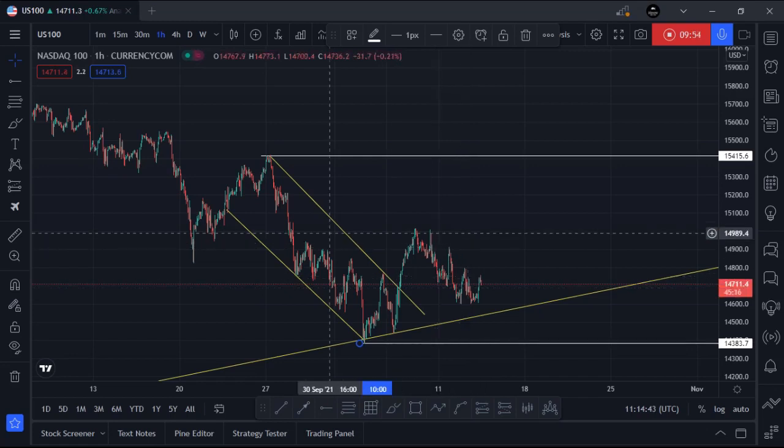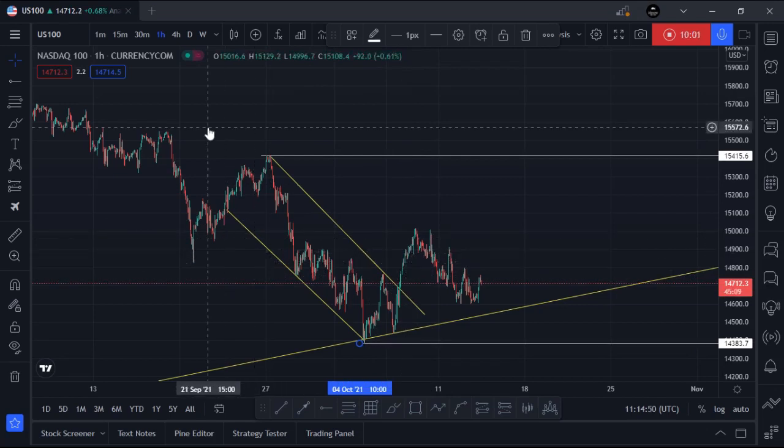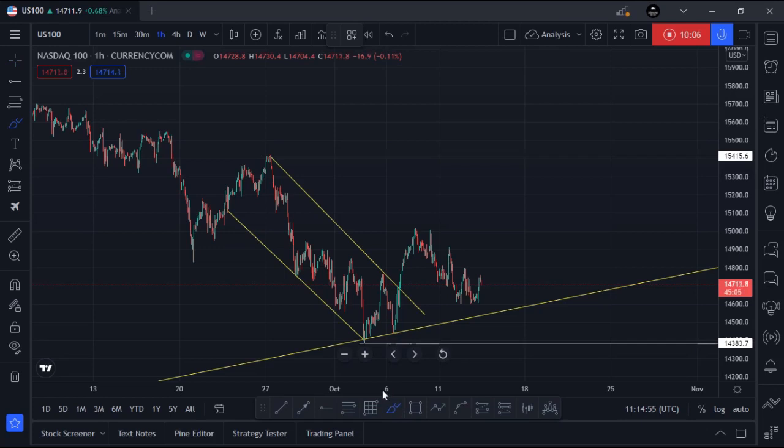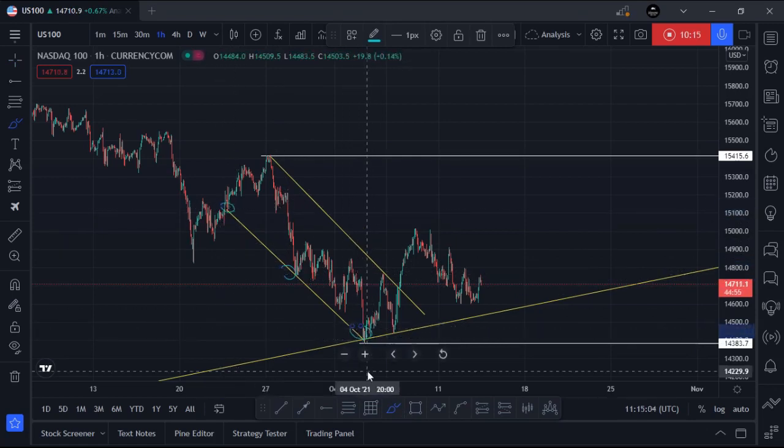So another reason why the market has actually broken out of this descending channel is, as you can see right here, the market has touched this trend line one, two, let's not forget, three times. So whenever the market touches a zone or a trend line multiple times, that place has high probability of doing what it says it will do.